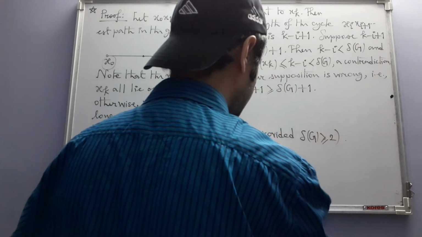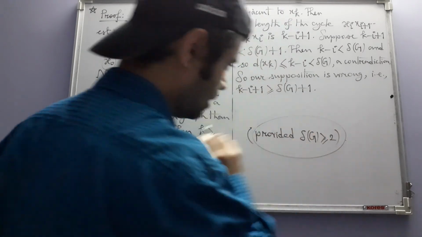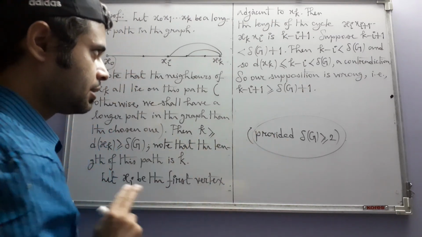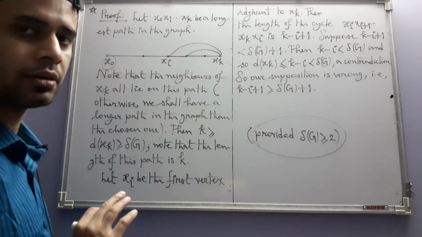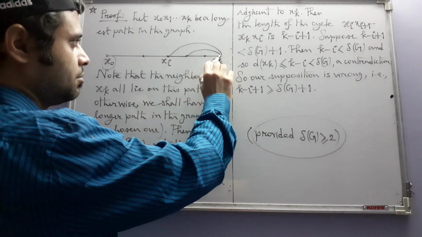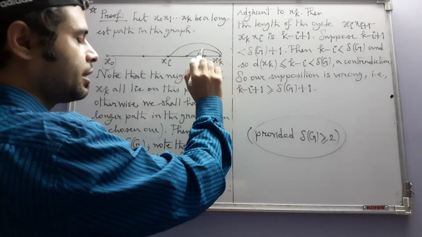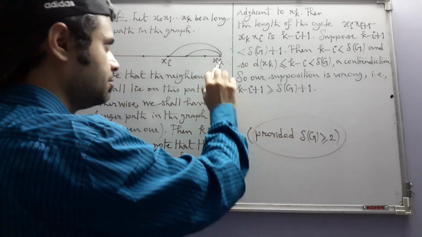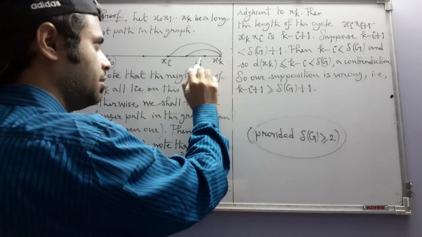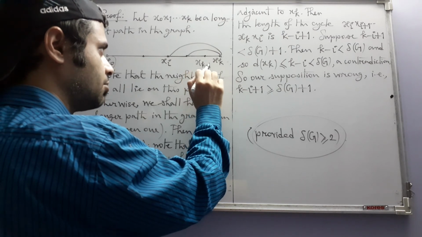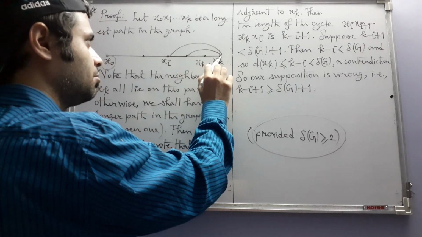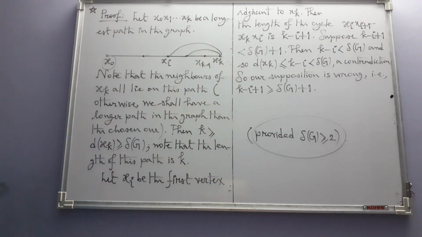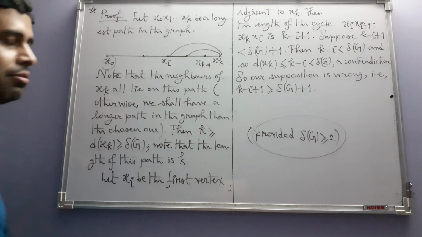Note how this extra condition makes it necessary for us to have a cycle in the first place, because xk cannot be of degree 1, and that's why xk must have a neighbor other than xk minus 1, and that neighbor must be lying on this path. So we are bound to have a cycle.